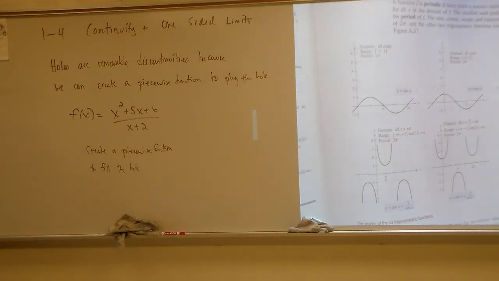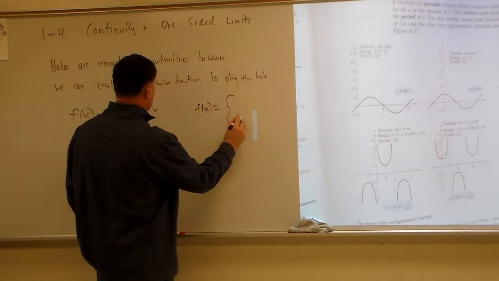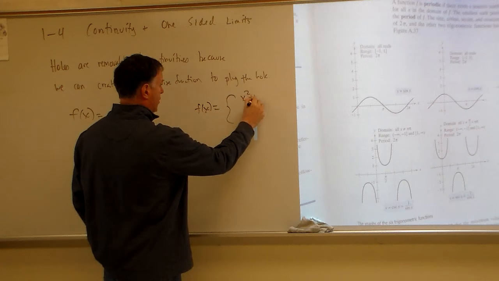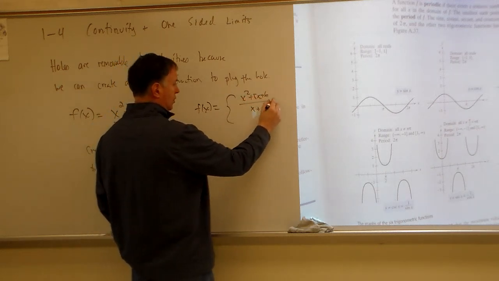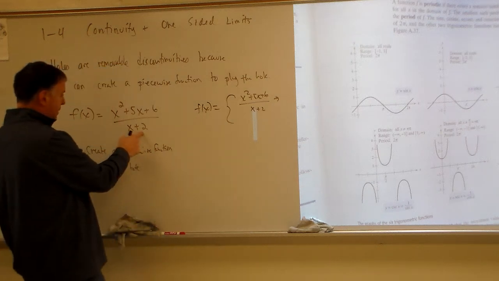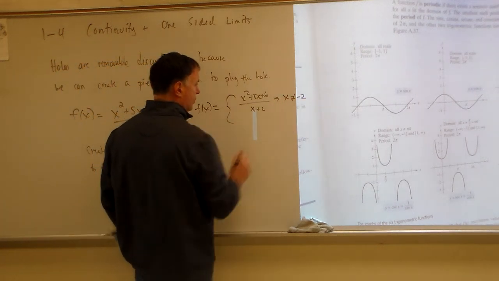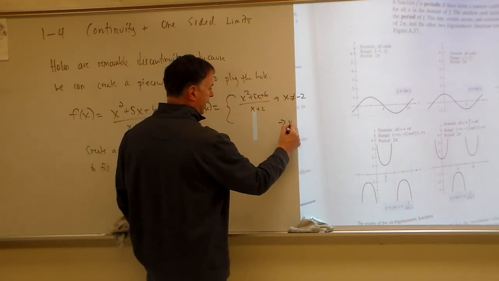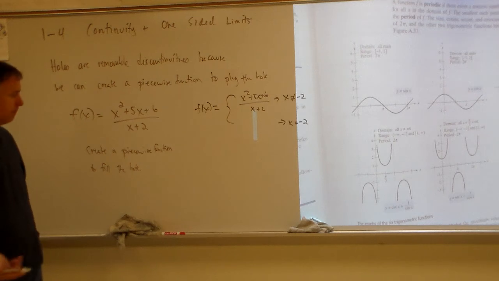All right, so hopefully you got a beat on this one. f of x equals x squared plus 5x plus 6 divided by x plus 2. Well, what's going to make my denominator 0? As long as x is not negative 2. And then down here, we have to figure out what to do when x is negative 2, how we're going to plug that hole.